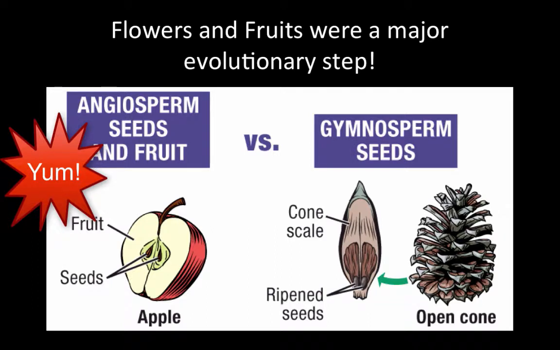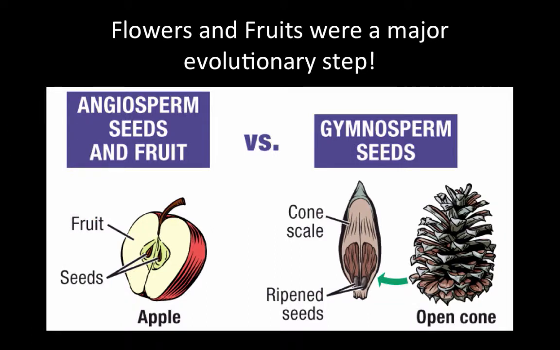And fruits are an amazing structure because, one, they enclose the seeds, so they protect the seeds. When you compare this to a cone, the seed is quite vulnerable on that cone. They're just sitting right there and they don't have anything around them. So the fruit, on the other hand, is protecting that seed. It's making a really nice home for that seed.